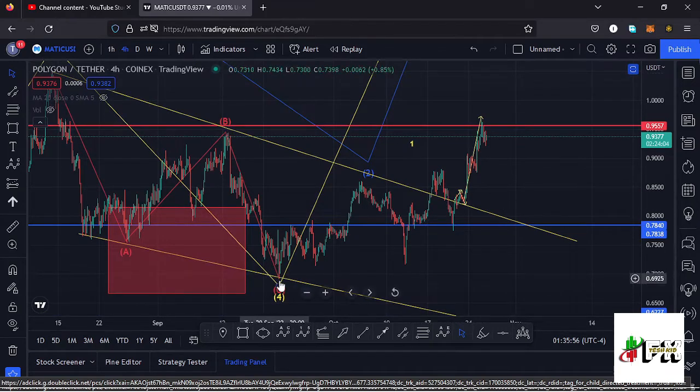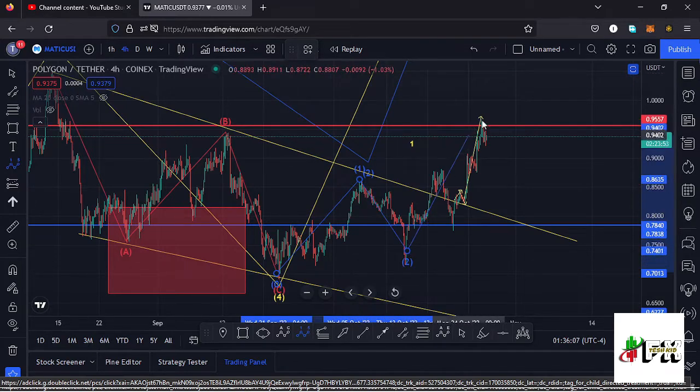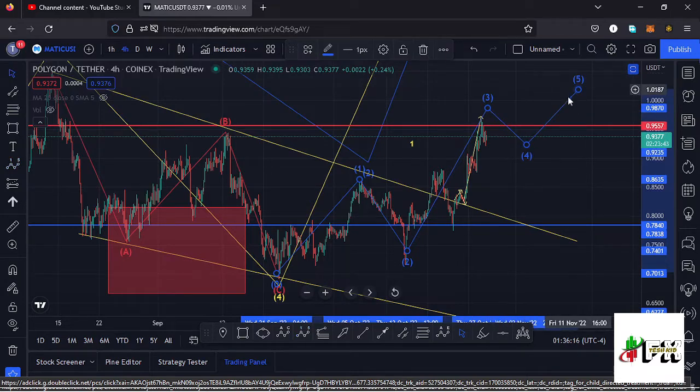After making our low at around the $0.69 mark, we saw a very nice bounce to the upper side in the formation of a wave 1, then retracing to the lower side in the formation of a wave 2. Then we continued pushing higher in this movement that was giving us a breakout yesterday, in the formation of a third wave. Then I expect a fourth wave, then a fifth wave to the upper side to complete a higher Elliott wave count 1, which is a fractal wave within that fifth wave to the upper side.